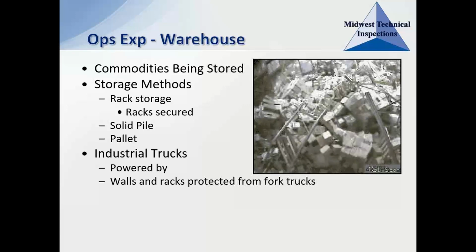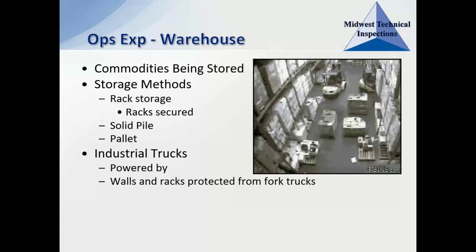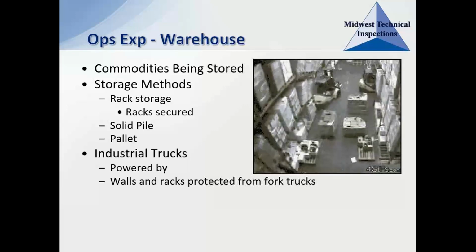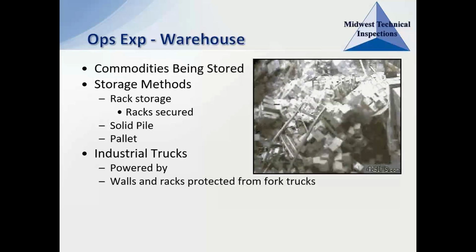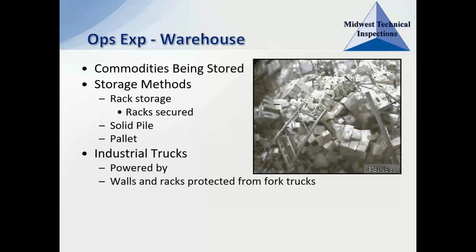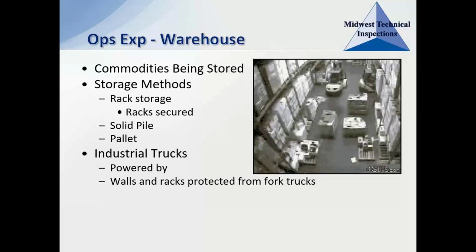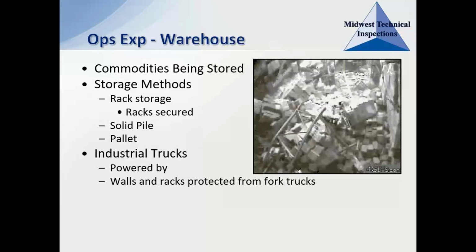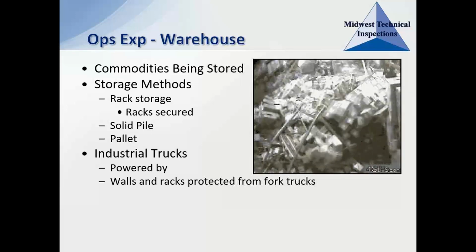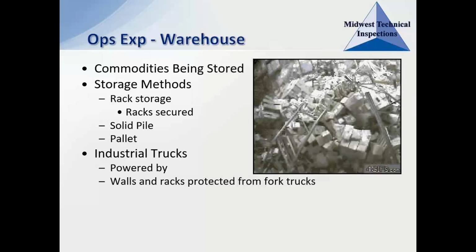And then, do they have any kind of industrial trucks or forklifts inside of this facility? If so, how are they powered? Are they battery powered, diesel powered, propane powered? And then, do they have any kind of protection in place to stop those industrial trucks from running into the racks? So it may be just some kind of pylons at the corners.